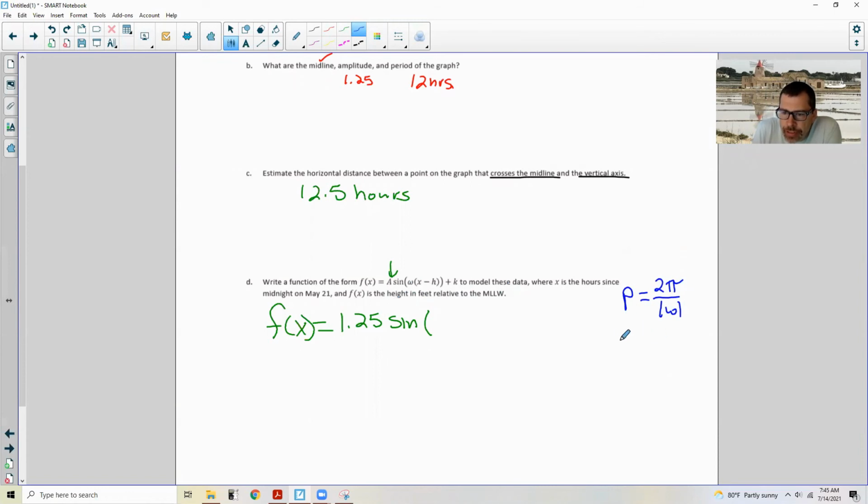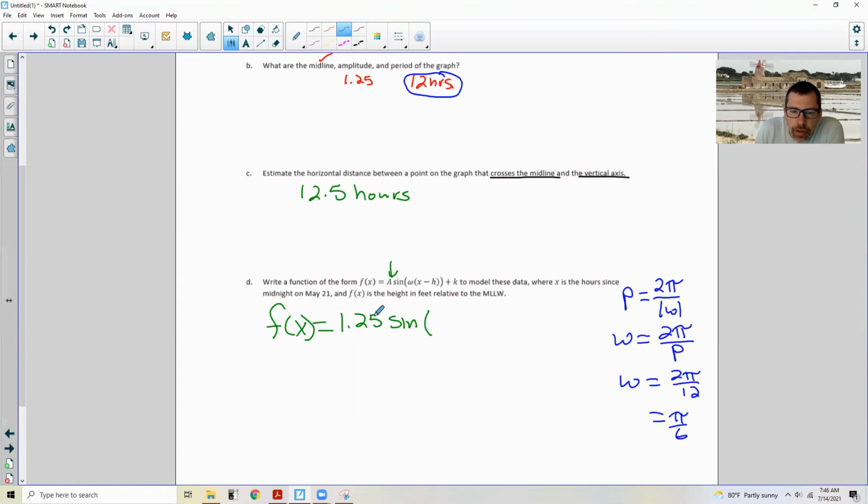So omega equals 2 pi over P, our period. Well, the period is right here, it's 12. So omega equals 2 pi over 12. Okay, I could simplify that to pi over 6.